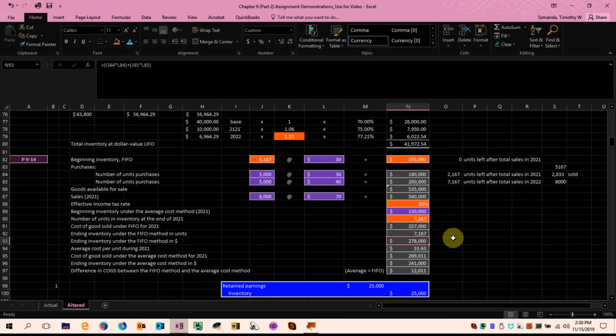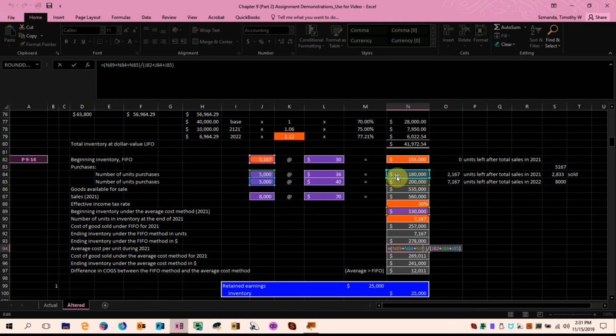Now let's move over to the average cost method, which is the method we're switching to. First step in the average cost method calculation is to determine the average cost per unit. So the average cost per unit will be the total value of my inventory under the average cost method. My numerator in this calculation will be 130,000 plus 200,000 plus 180,000.